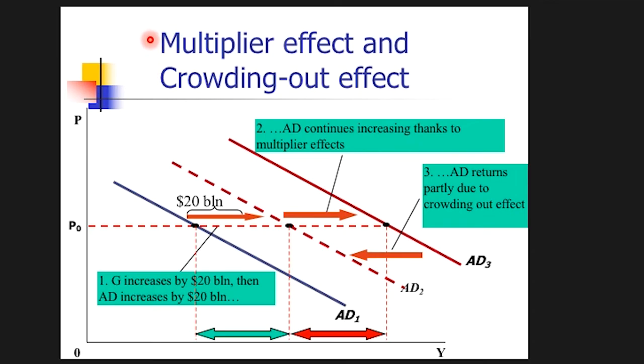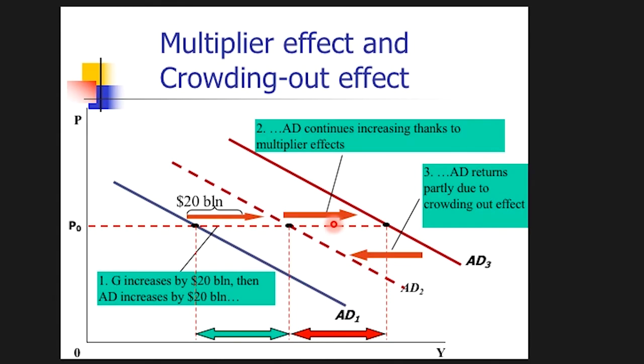If the multiplier effect is higher than the crowding out effect, the crowding out will be smaller, and the final result for AD may be at this point.